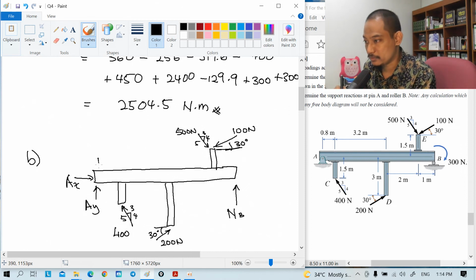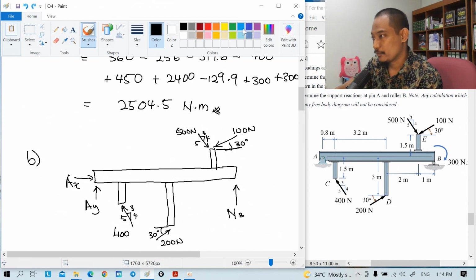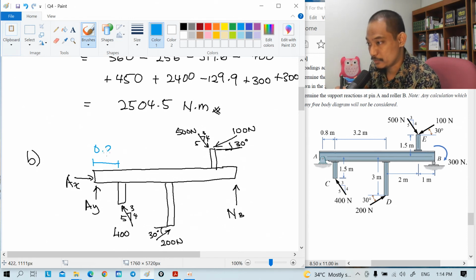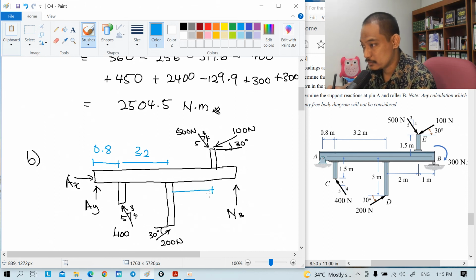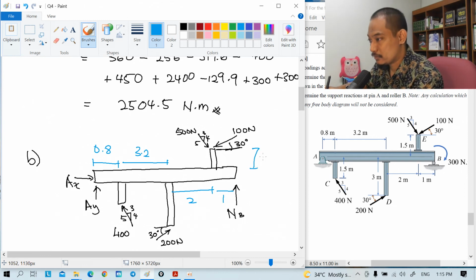So the distances: this is 0.8 meter, 3.2 meter, 2 meter, 1 meter, 1.5 meter, 1.5 meter, 3 meter.